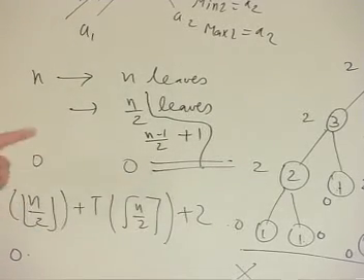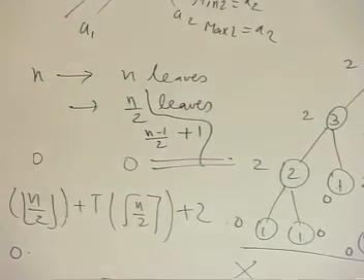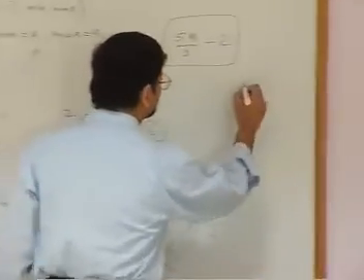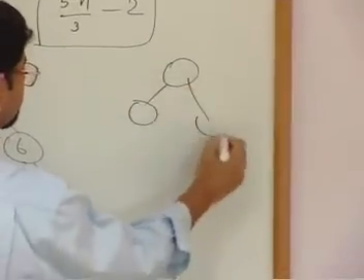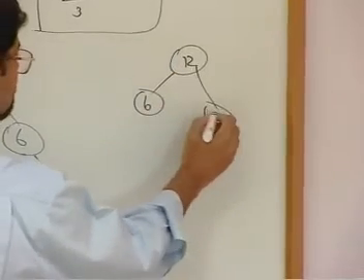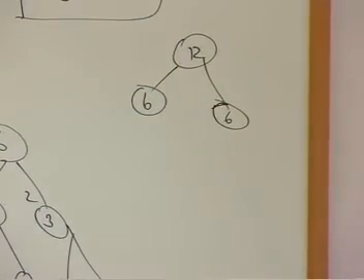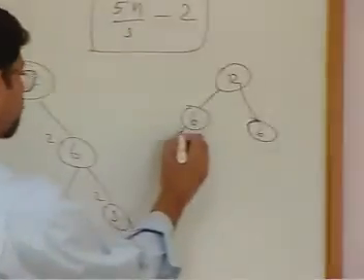Let us consider 12 itself. Suppose I split 12 like this. 12 I split as 6 and 6, but I want to have only even leaves. I don't want to have an odd leaf at all. So 6 I am going to split as 2 and 4.